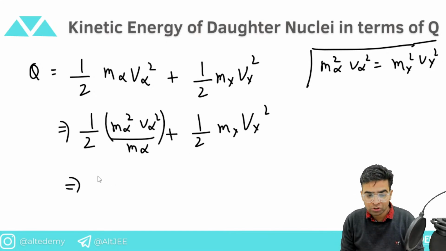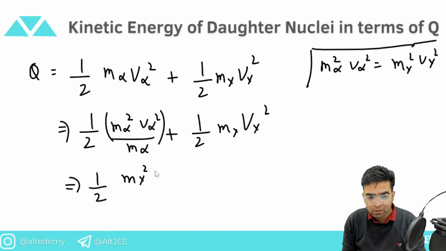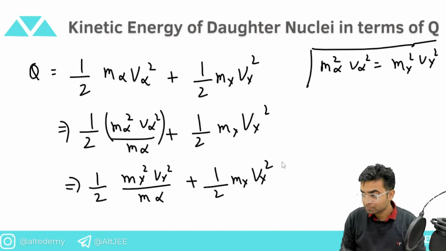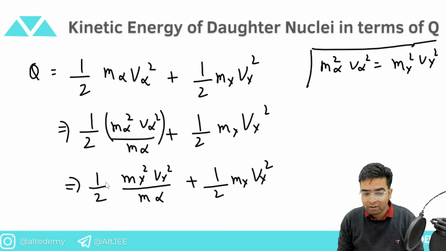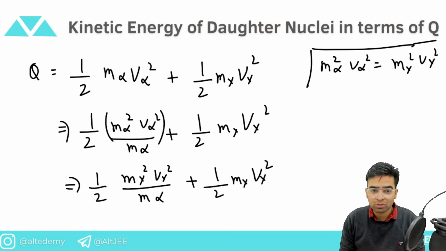We replace m_alpha square v_alpha square with m_y square v_y square, so there will be half m_y square v_y square upon m_alpha plus half m_y v_y square. Now let's take half m_y v_y square out.